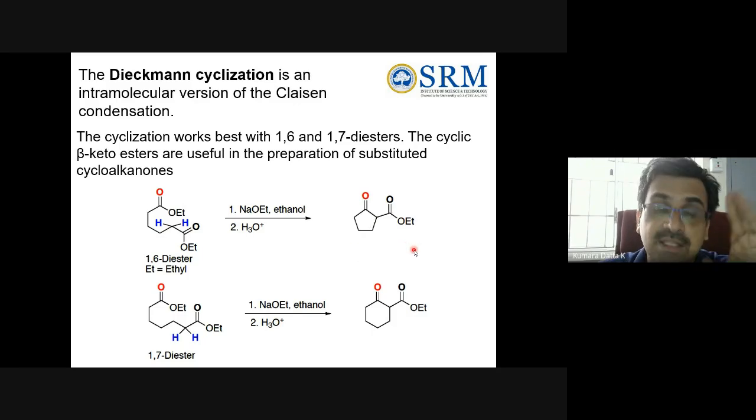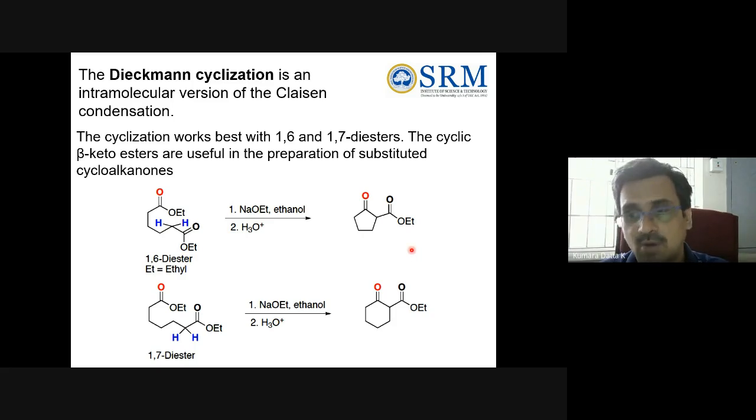Okay, all of you who ask me what the important questions are, this type of question will be very helpful for 4 marks. If they ask you to write a short note or explain Dieckmann condensation, what you are supposed to write is whatever I am showing in this slide. What is Dieckmann condensation?